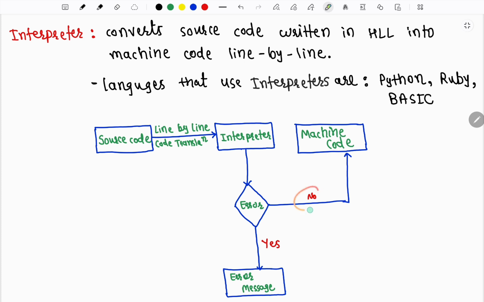If no error is found, that means if the programmer has solved the error, the interpreter continues translating and executing the next line until the entire program is completed. So, if in that line an error is not found, that line will be converted into machine code. Likewise, all the remaining lines will be executed.